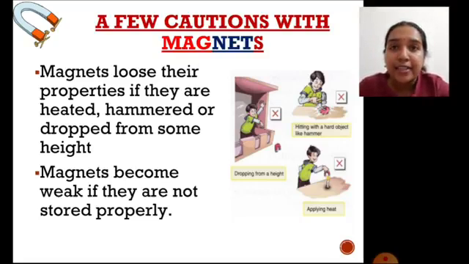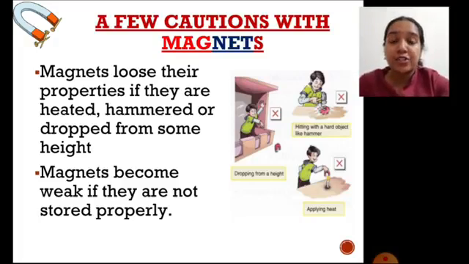Second, magnets should not be hammered or beaten hard, as they will lose their magnetic property in such cases. And the third one is that magnets do not work properly when they are dropped from huge heights. So you should not mishandle magnets however you like. They should be saved properly.